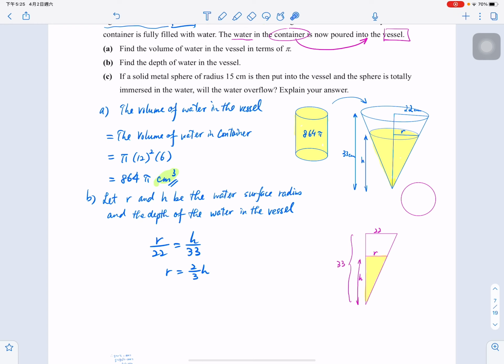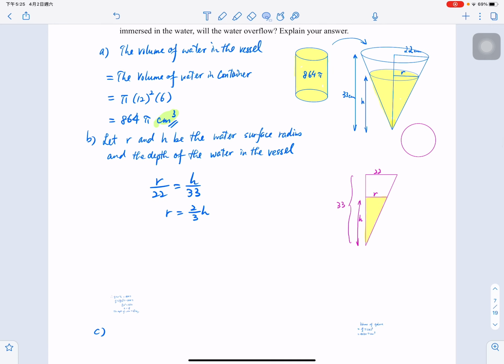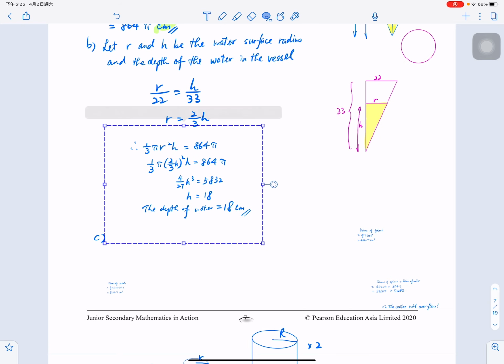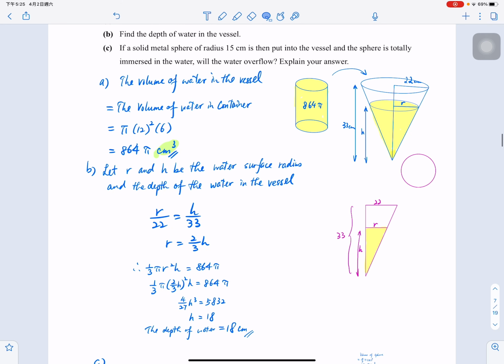Because we know that this one is 864 pi, we can use the volume of cone and then find H, right? So what is the depth of water? Let's see. So now 1/3 of pi r square h equals 864 pi, right? And you know that r is 2/3 h, so 2/3 h and then all square times h. So as a result, 4 over 27 h cubed equals this.